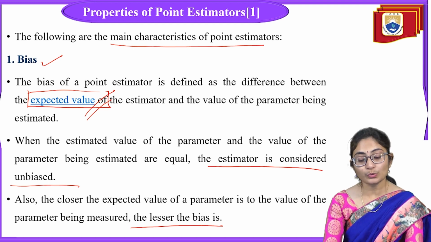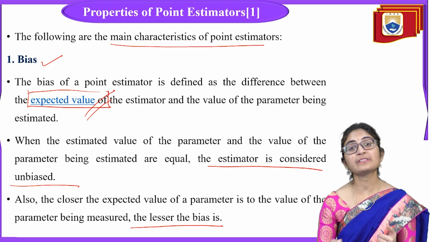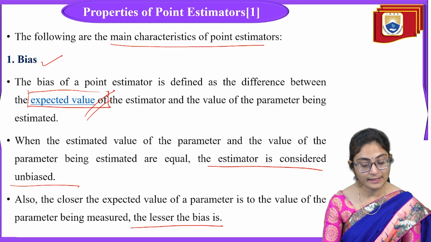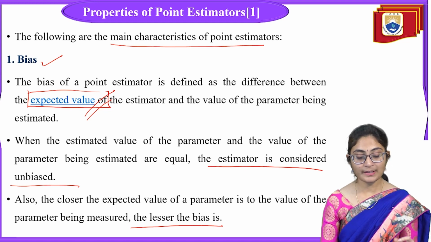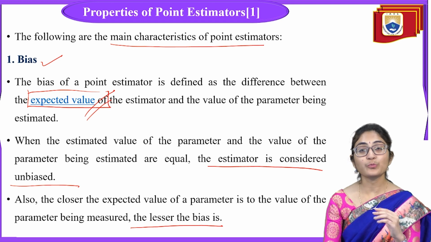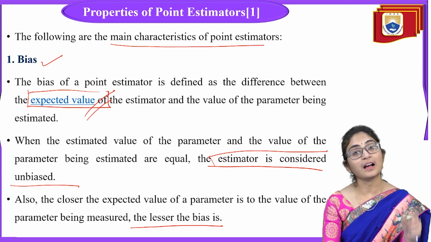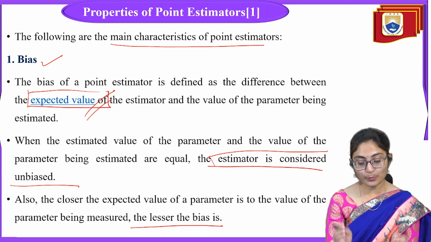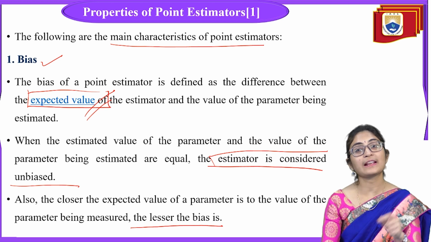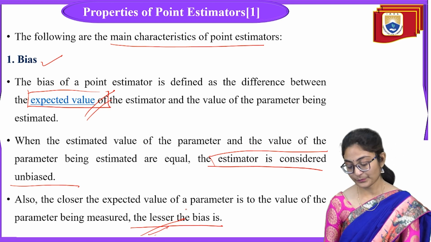So there are three conditions: bias is the difference between the expected value and the parameter value. If both values are equal, the estimator is unbiased, and if both values are closer to each other, the bias is lesser.